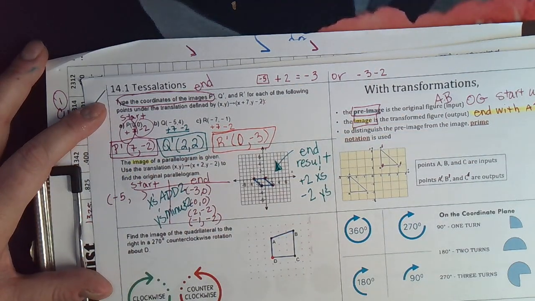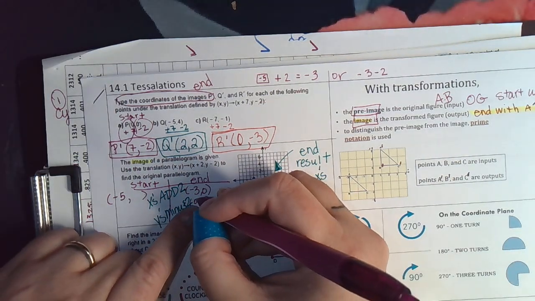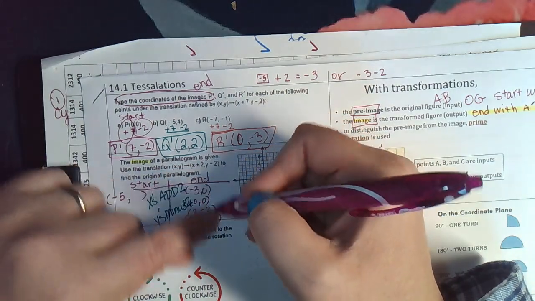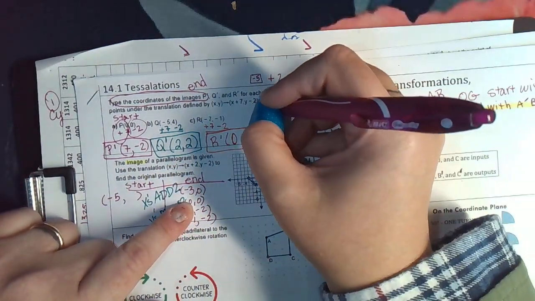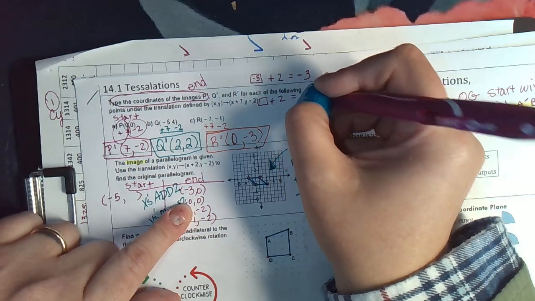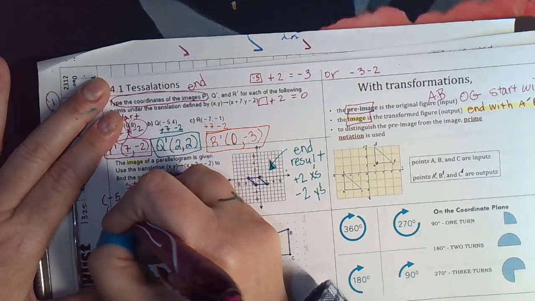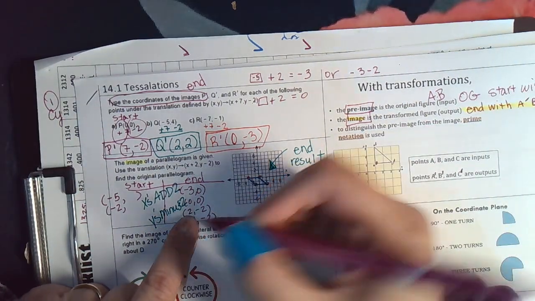Okay, let's keep going. What plus 2 will give you this x value of 0? Let's do all the x's first, then we'll go back and do the y's. What plus 2 gives you 0? And the answer is negative 2. Now let's look at this third one. We're doing all the x's first.